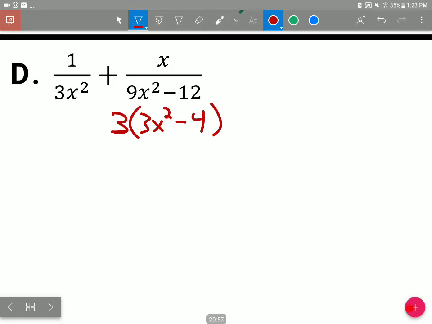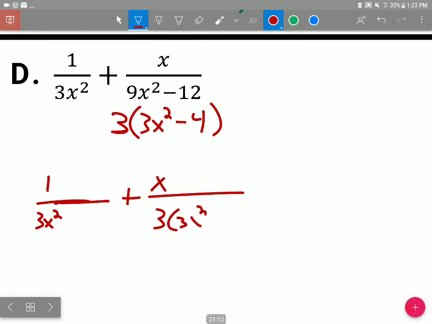Cool? So we got a common denominator. I mean, we got a factored bottom, so we'll write that out. 1 over 3x squared. And then we've got plus x over 3x squared minus 4. All right, let's add what we need. What does the first fraction need?